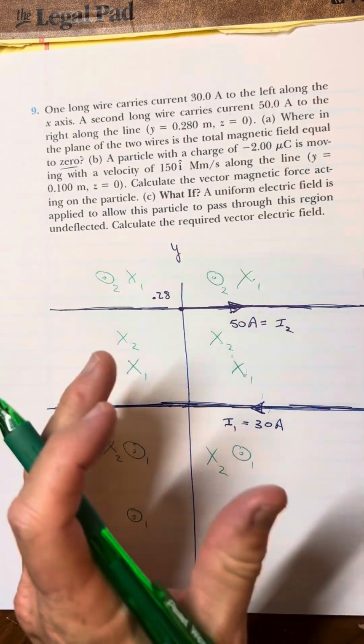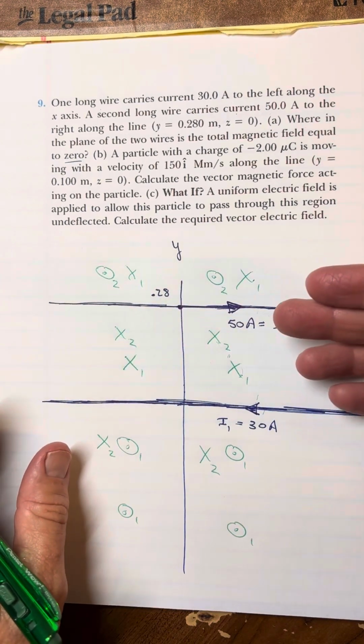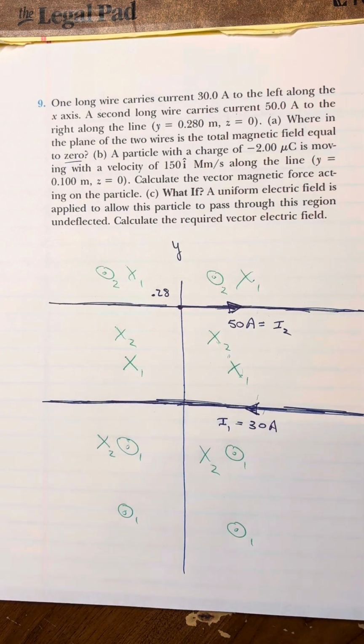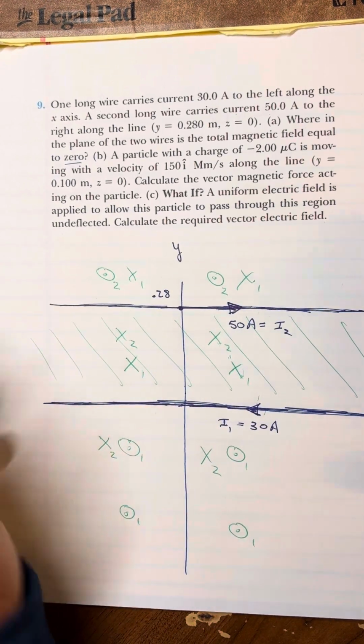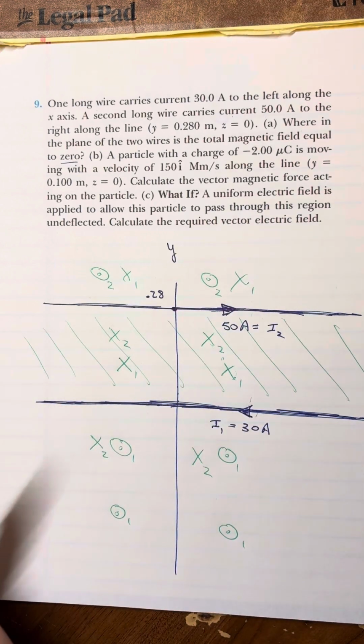The only way you can get 0 total field is if the fields are in opposite directions and equal in magnitude. So in the space between the wires, we will never get 0 field. Here, they're in the same direction. There's no chance of it.